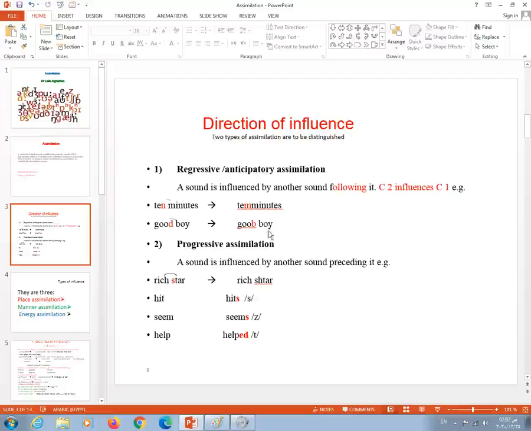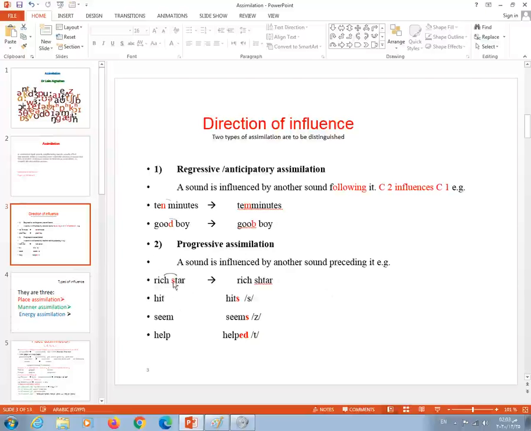Okay. Second is progressive assimilation. Here a sound is influenced by another sound preceding it. So here we have the opposite. Look at this example. Rich star. Here we find the final consonant is sh.